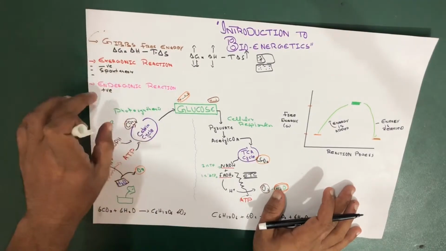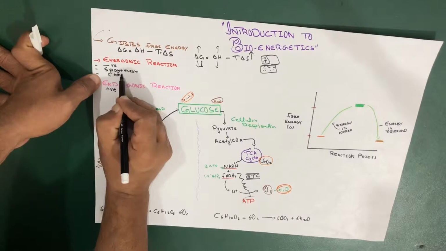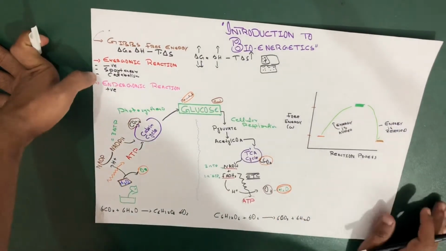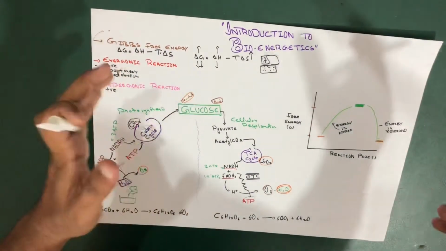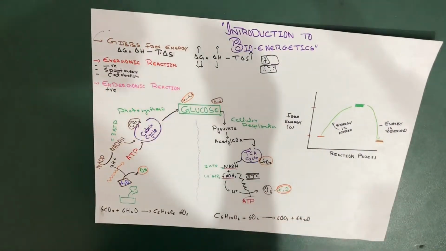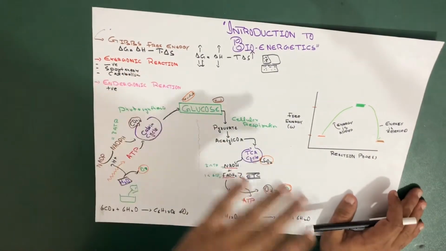They're also called catabolism. Breaking something, destroying something is very easy. Making something is very hard. It's very hard to make things, but to destroy them you need only seconds or minutes. So exergonic reaction means destroying.